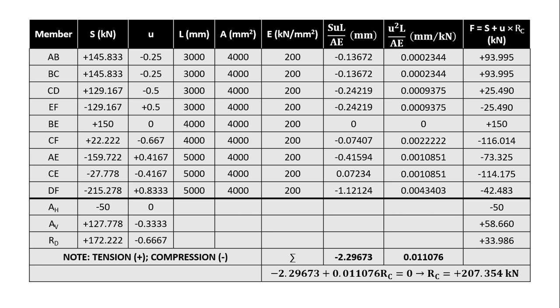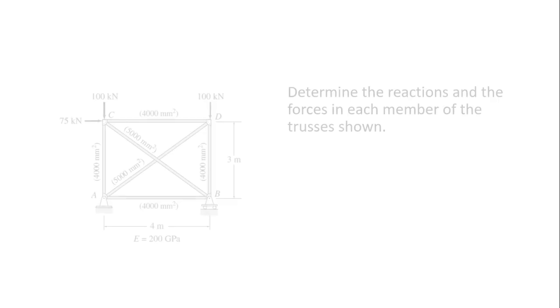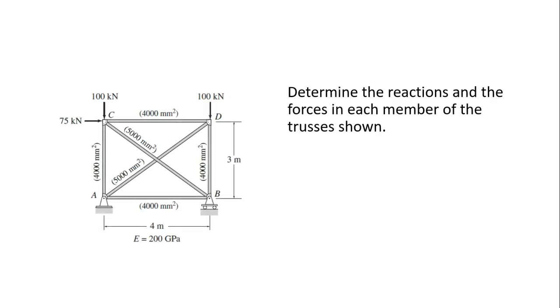Okay, so proceed tayo sa ating next example. Determine the reactions and the forces in each member of the trusses shown. In this case naman, it is statically determinate. Okay, externally. Because isang hinge lang tsaka roller yung ating support. Okay, so ibig sabihin, statically determinate siya.